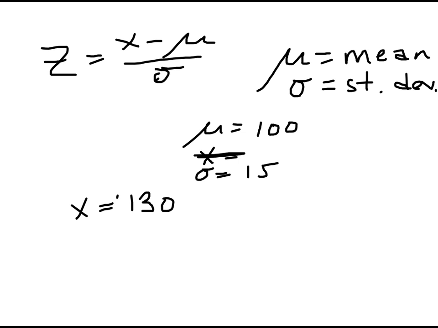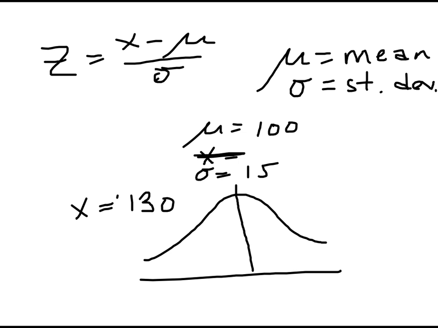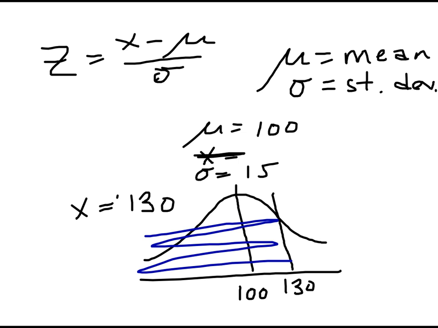Let's say that the average score was 100. We want to know the probability of selecting someone who got at least 130 on the test. So if we were to do this as a normal distribution, this is the mean, this center line. And so we know that 130 is greater than the mean. So we want to know the probability of someone scoring up to 130.